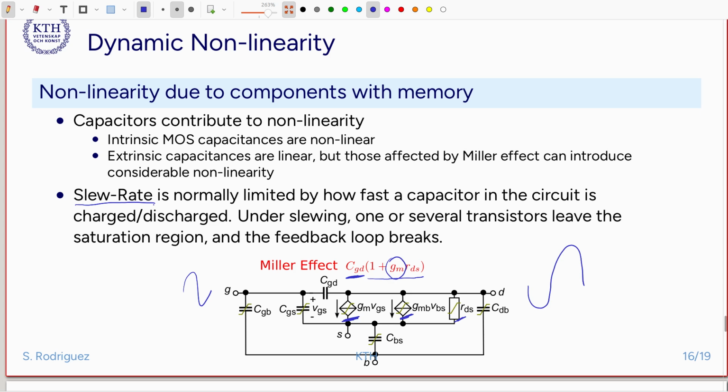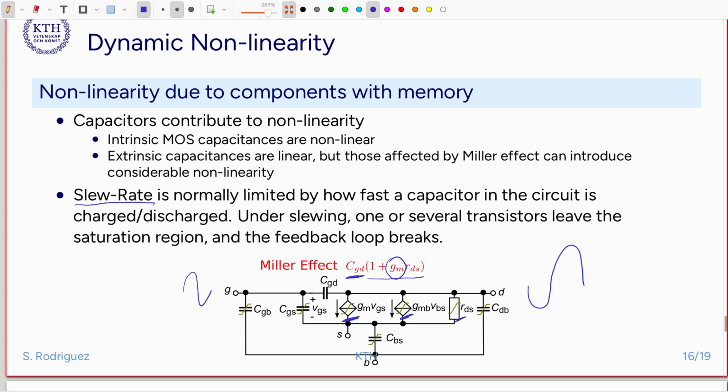So we will have a really interesting example that shows this problem. When the amplifier is subject to a large signal at high frequency, it can be that one or several transistors leave the saturation region because one capacitor cannot charge or discharge quickly enough.